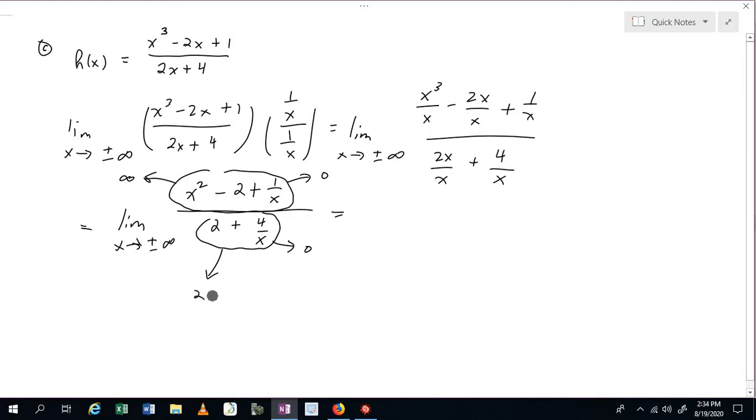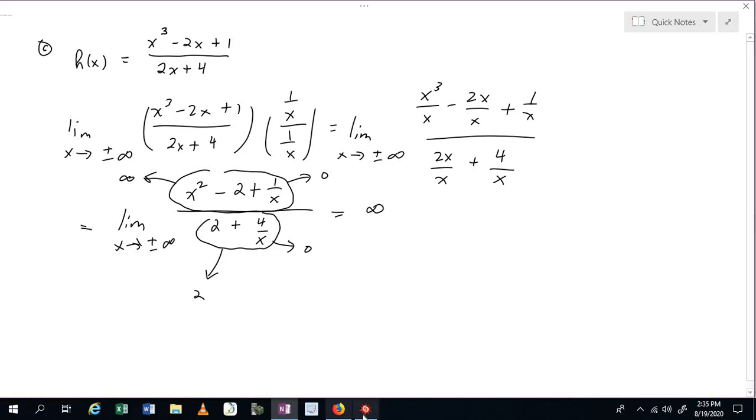Dividing by a number that's really close to 2 when you have a really large number on top doesn't really change the fact that the number on top is just going to continue to get larger and larger. Okay, so this indicates that it's heading towards infinity. Okay, so the end behavior in this case is it's heading towards infinity on the right and the left.